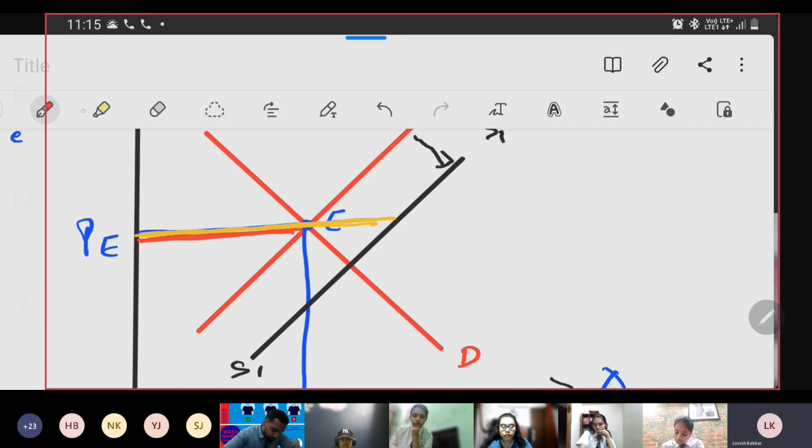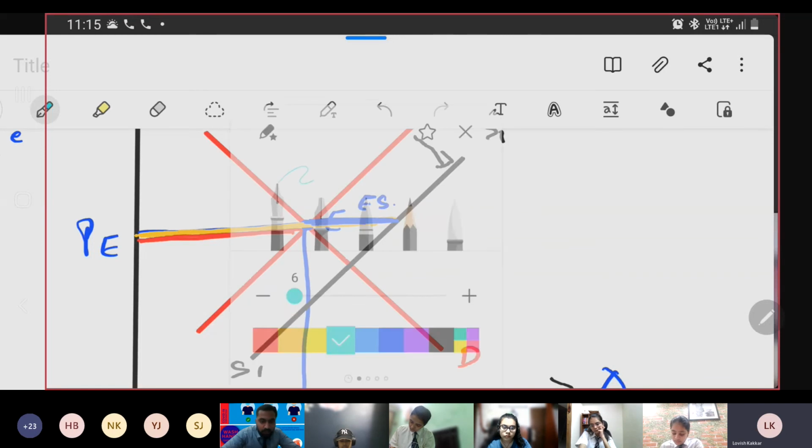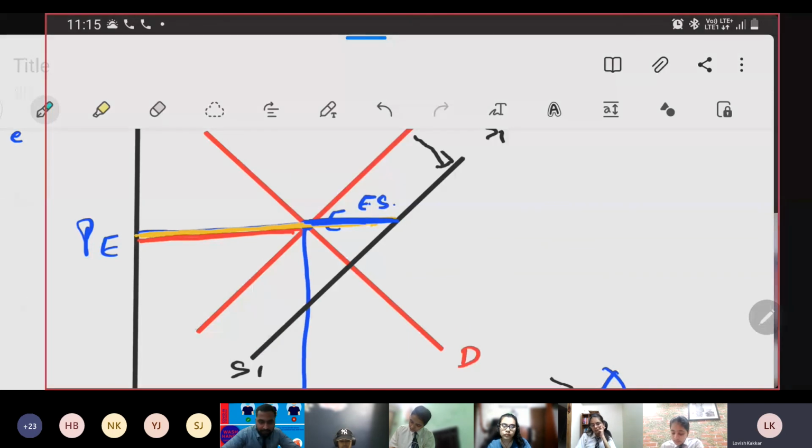So clearly with dark blue I'm showing, there is a situation of excess supply. This is excess supply. And I've told you many times, whenever you identify excess supply, excess demand, there is always a triangle. So this is the triangle that you have. And this is the top vertex of the triangle where you need to reach. Because this is the point where the economy will be in equilibrium.